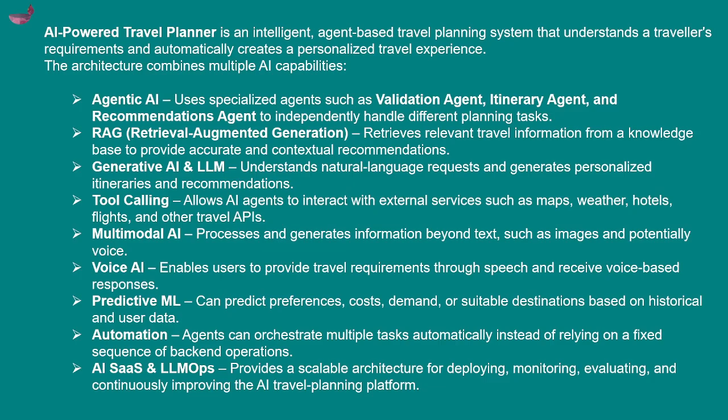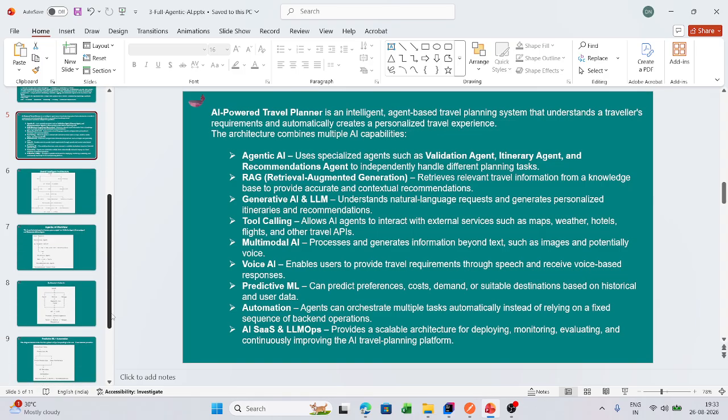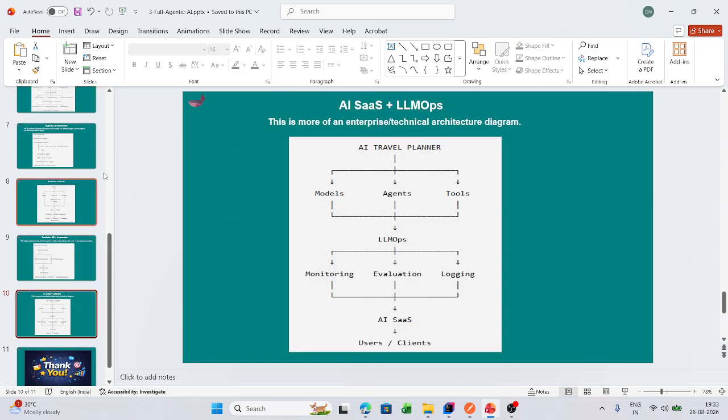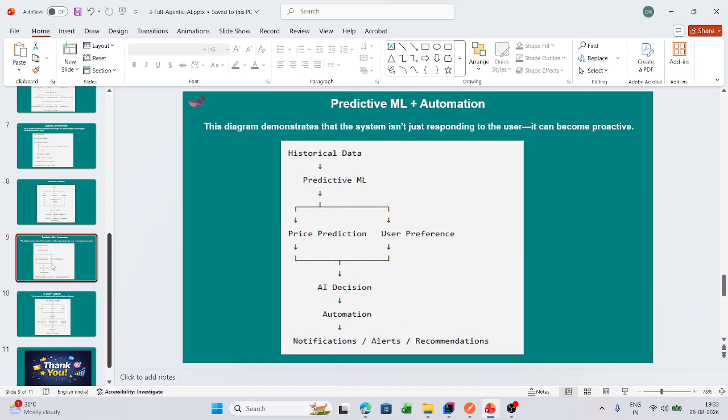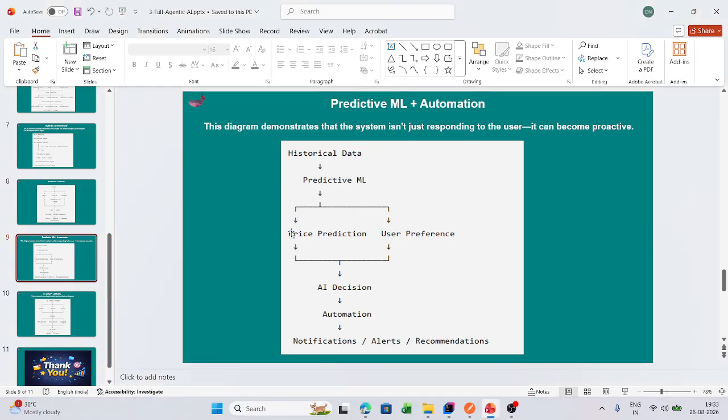So these are mainly the main things which I have shown you. There is another part, the predictive ML, for which you need historical data, which I have supplied in the form of a CSV file. On the basis of the historical data, it will give some response.